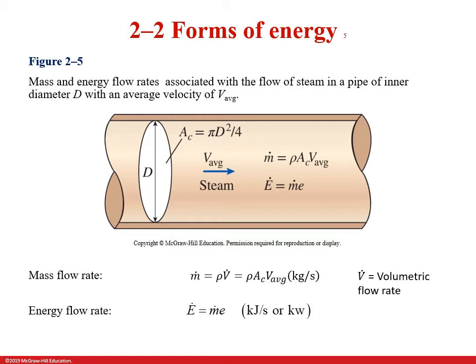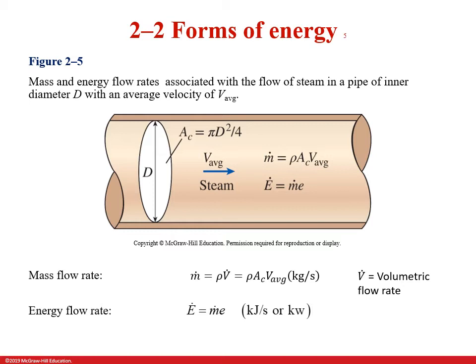And so from this, if you have mass flow rate, you can get energy flow rate. You have a certain amount of internal energy. You're going to find out later in the course that we're going to have information about steam: at certain conditions, it's going to have a certain amount of internal energy. It might have a certain amount of other forms of energy.